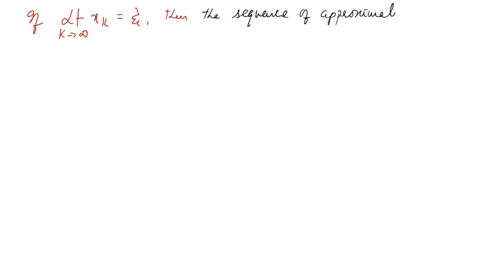Now, if limit k tends to infinity, xk equals xi, then the sequence of approximations xk is said to converge to the root xi.